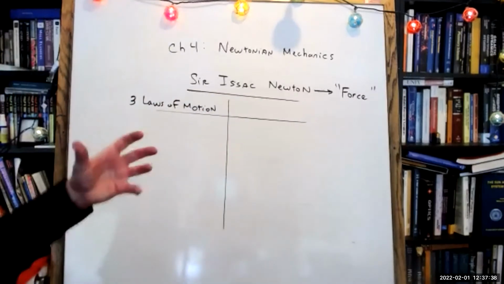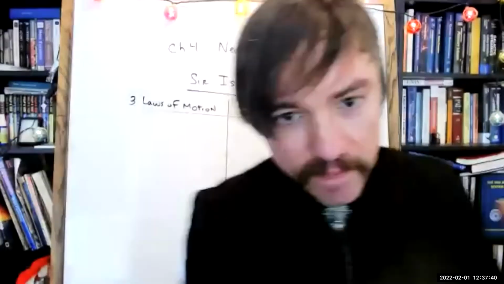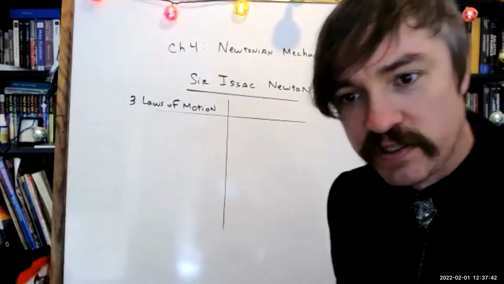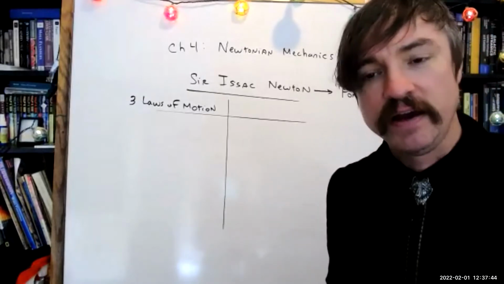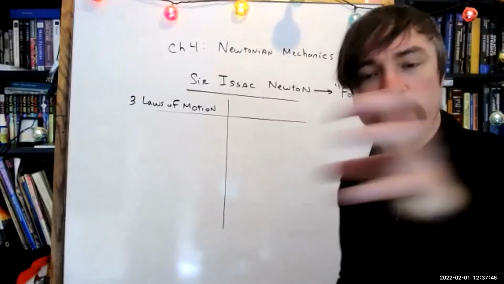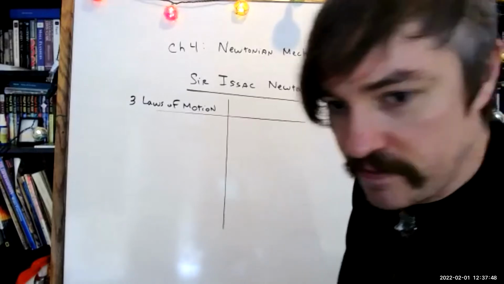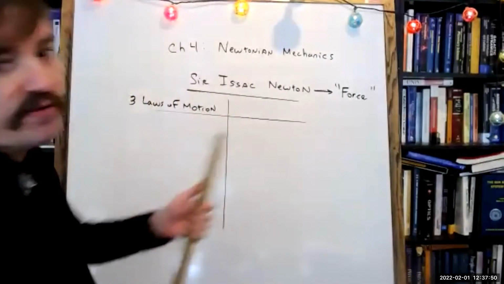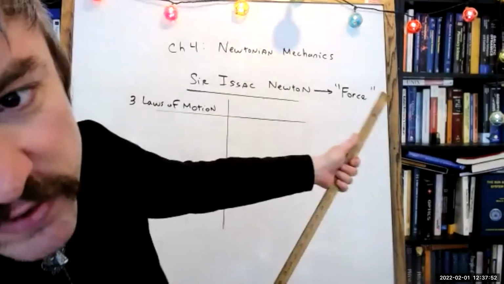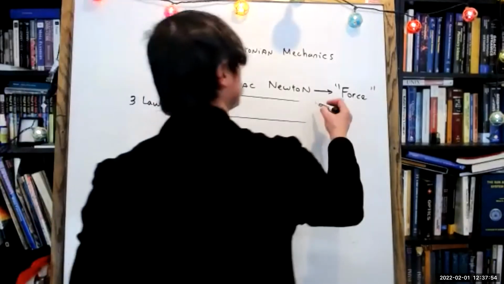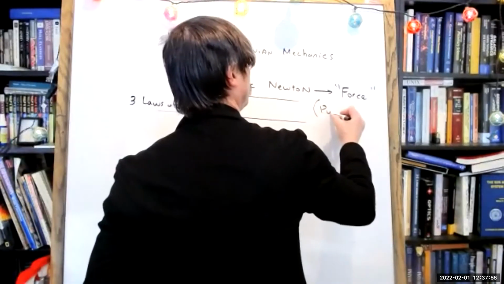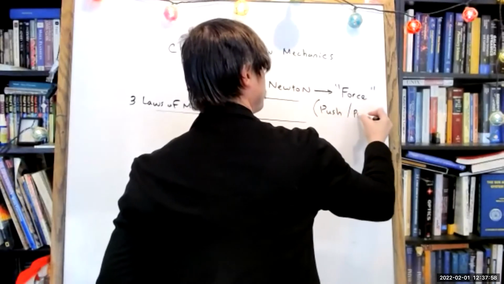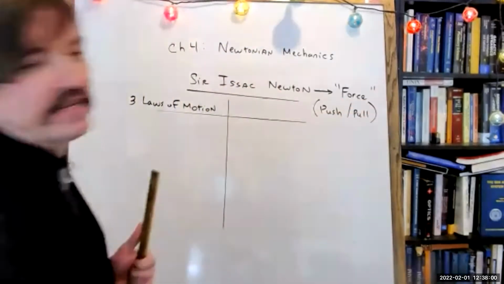And the 3 laws of motion were, like Kepler's laws, a set of rules that give us good judgment about how bodies move when they are pushed or pulled, okay? By the way, in a loosey-goosey sense, a force is a push or a pull. Go ahead and write that down for now.